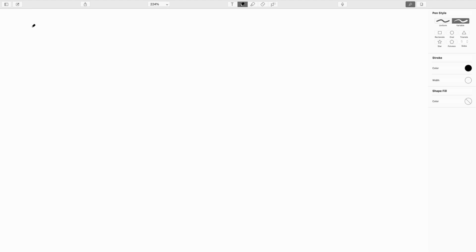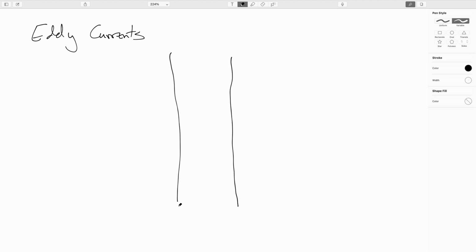All right, so the name of this phenomenon is eddy currents. Now, when I dropped the magnet through the copper pipe, I don't know if it was the north end down or the south end down. It turns out not to matter.